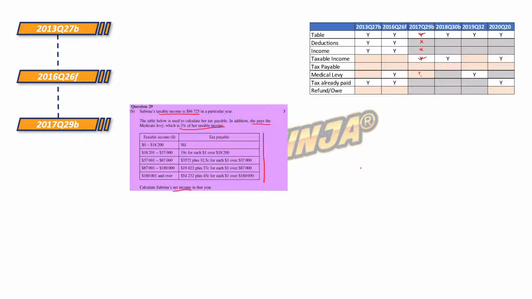So essentially, if you can work out your tax payable, then you subtract these two numbers from this number, and you will get your net income. In this case, you don't really care how much is owed by the tax office, so these two don't matter. So again, one of these things has been asked.